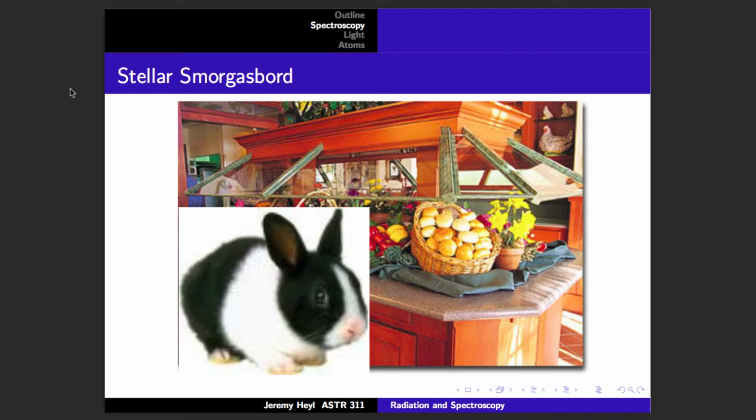So the metaphor here is the lion and the rabbit are the material that the light is passing through. And depending on what atoms it is, they have appetites for different colors of light.